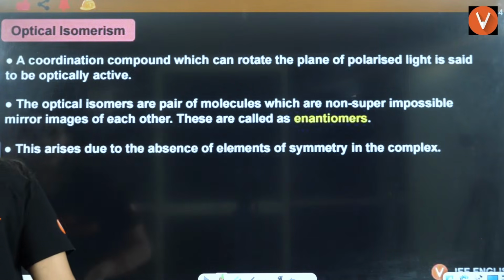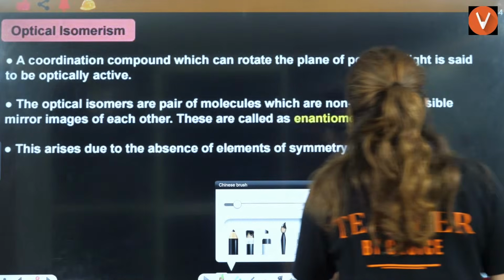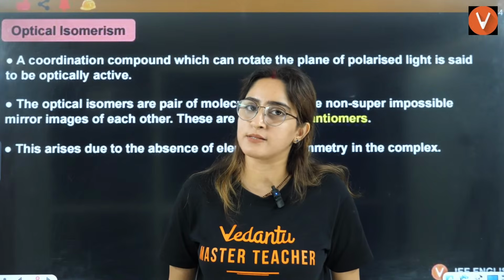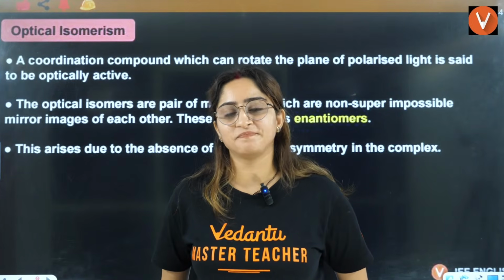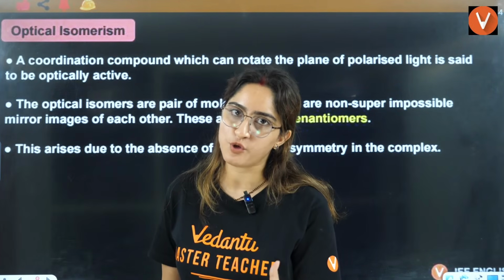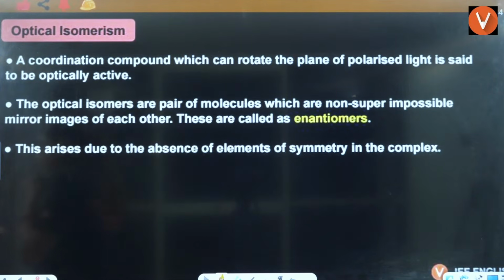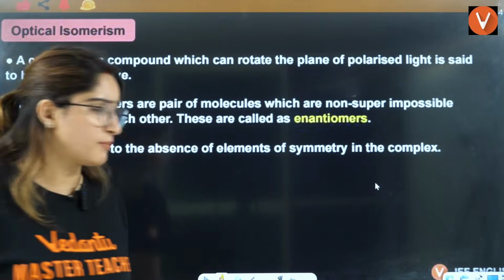Okay. Now we are going to talk about optical isomerism. First you need to understand what is optically active, what is optically inactive, what is plane of symmetry, everything. For that, let's talk about one thing.